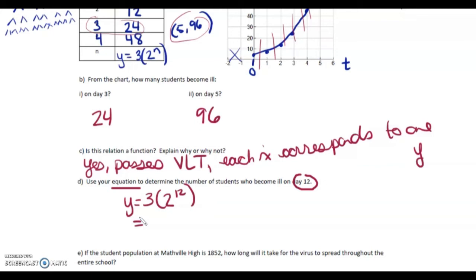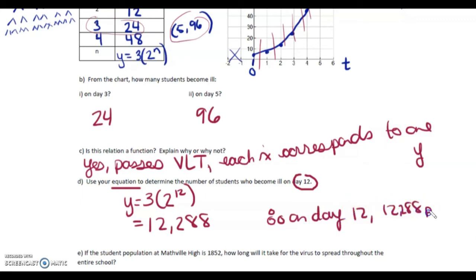So 2 to the 12 and then times 3, I get 12,288. Okay, since this is a word problem, we can say, therefore, on day 12, 12,288 people become ill.